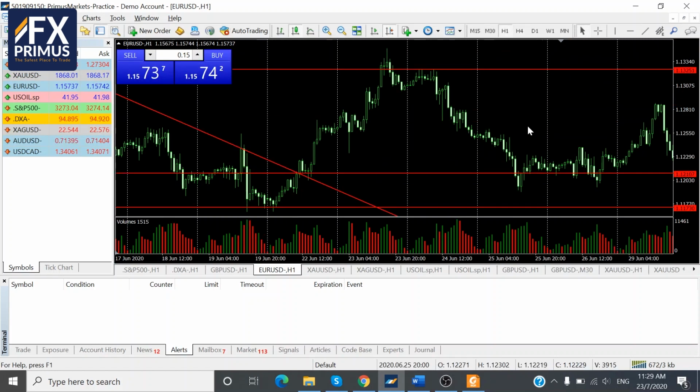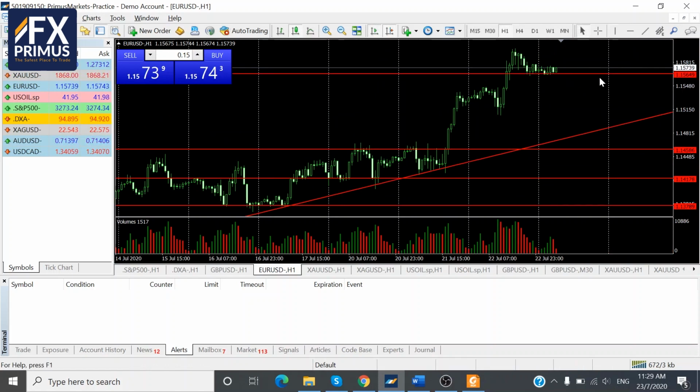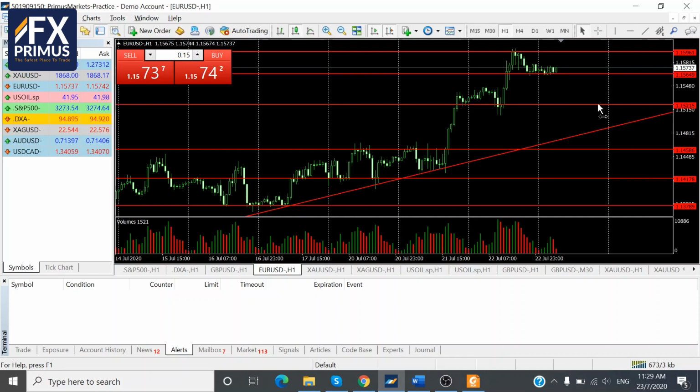Okay, so for the euro dollar, it's pretty much a similar situation. Currently, the support levels are at 1.1564, and towards the upside, we are looking towards a high of about 1.1596. And if it does break lower, we are looking towards a lower level of 1.1518.